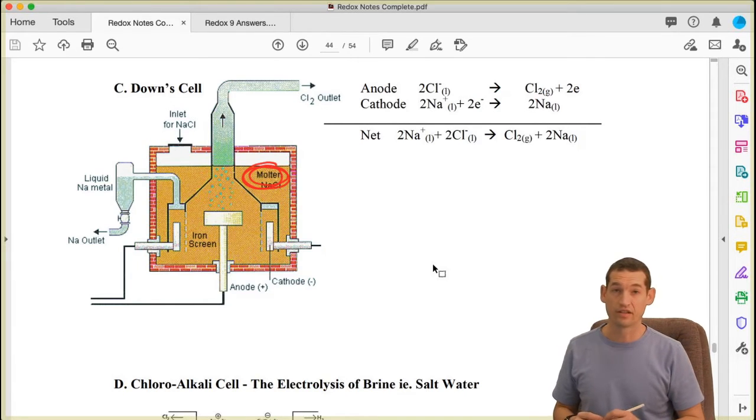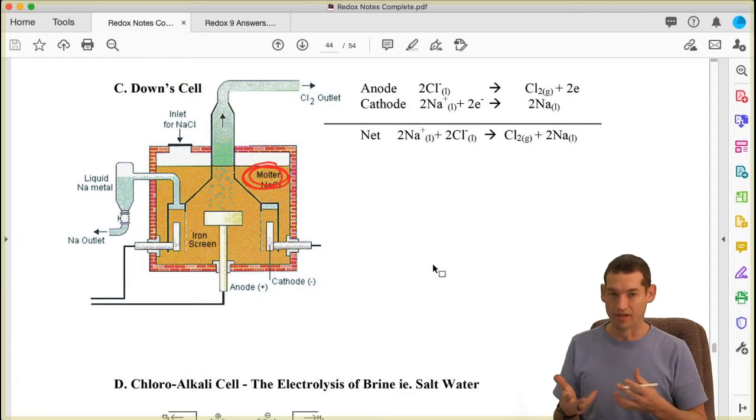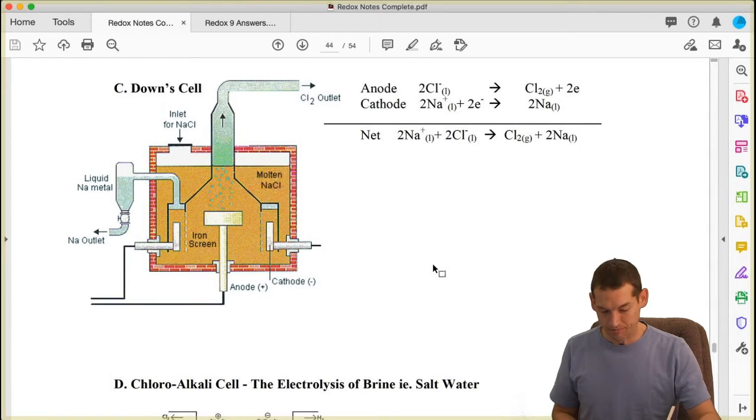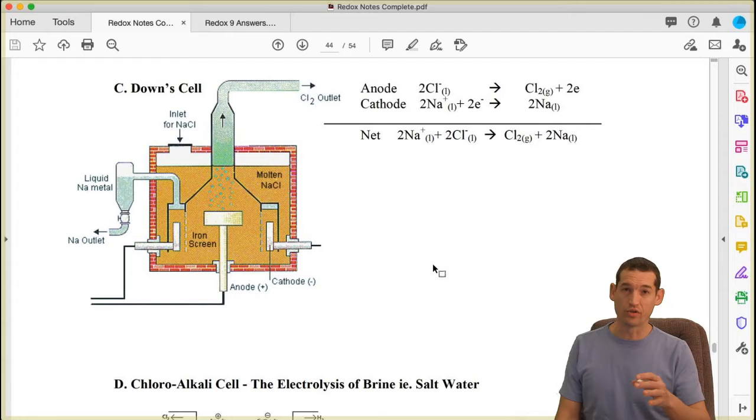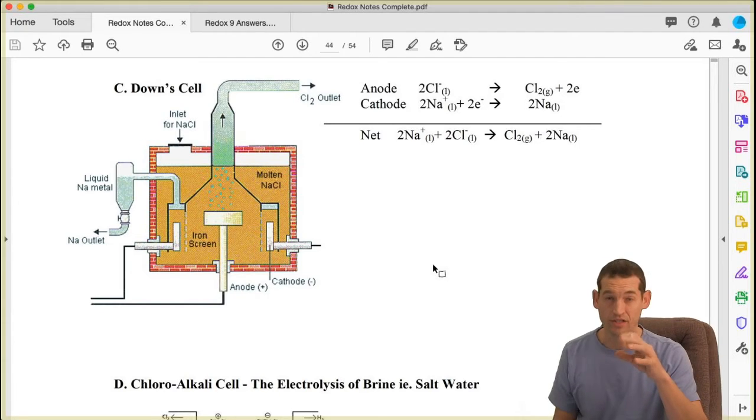This is not aqueous sodium chloride. This is salt that you heated up until it melted. So this is like salt lava, basically. So one important thing to do is whenever you're dealing with ionic compounds that are molten, they're still going to dissociate.